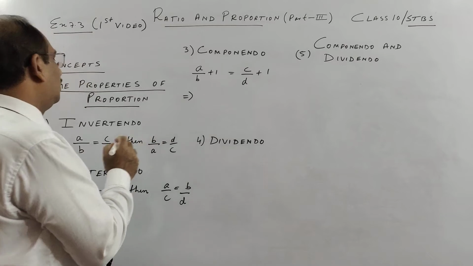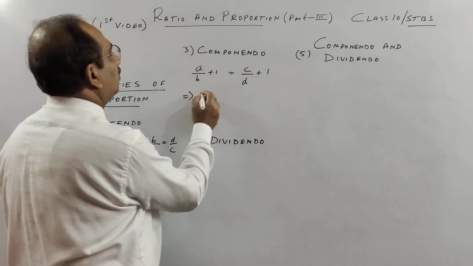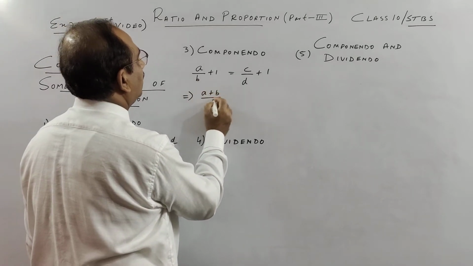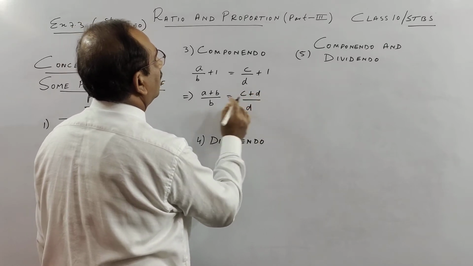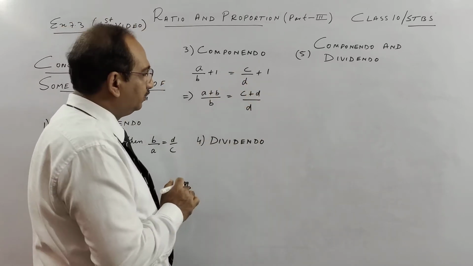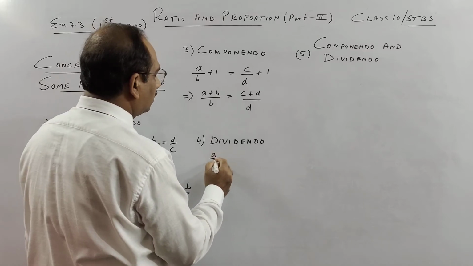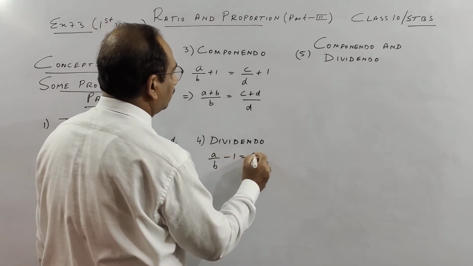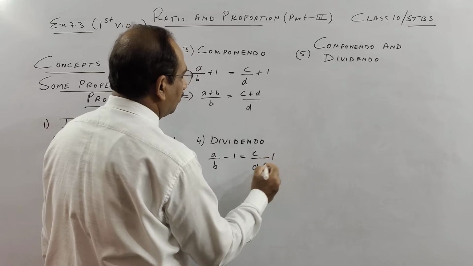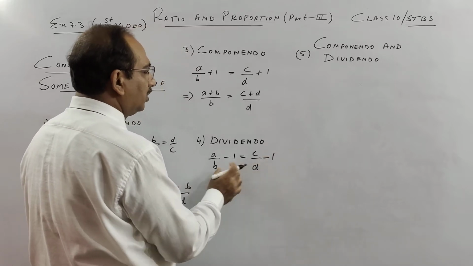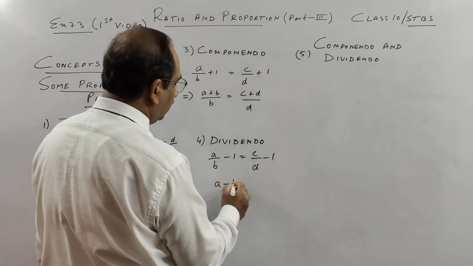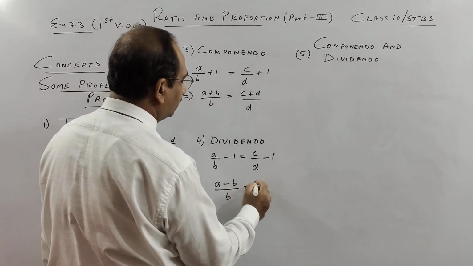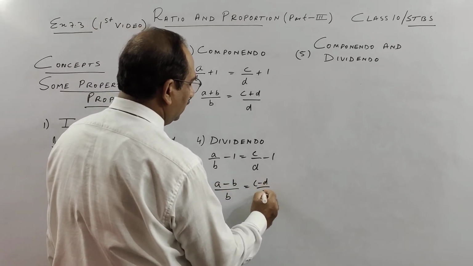What do you get, children? A plus B by B is equal to C plus D by D. This is called componendo. In dividendo, you subtract 1 from the given two sides. So we get A minus B by B equals C minus D by D.